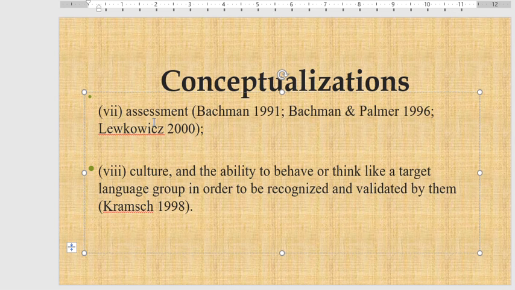You know that when we assess our students, we should use some tasks. Yes, if those tasks are real life tasks, then we can say that they are authentic.